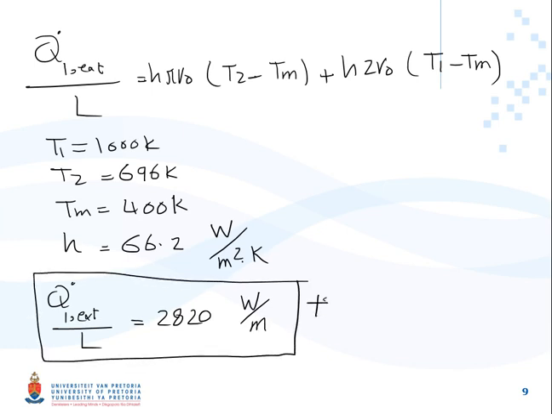Okay, so you see how simple it was. By using the concept of convection, a little bit of manipulation when we used the energy balances, and after that a little bit of knowledge from convection heat transfer, we sorted it out. Because for convection, we know that it's easily hA times the temperature difference.